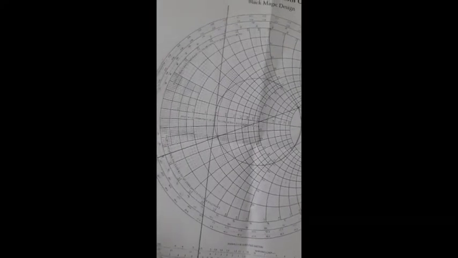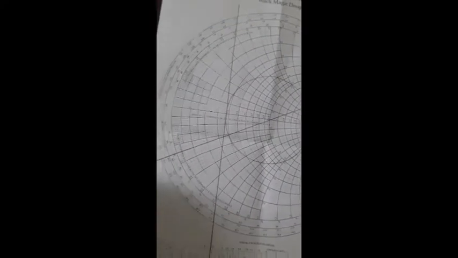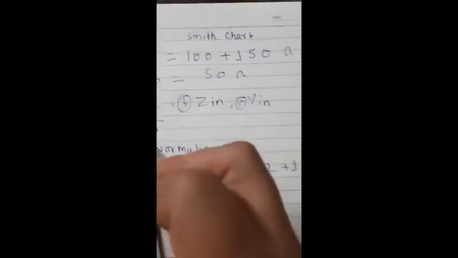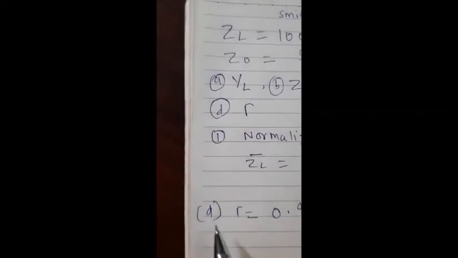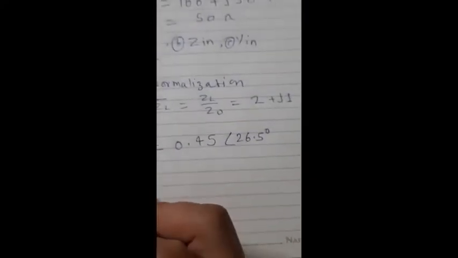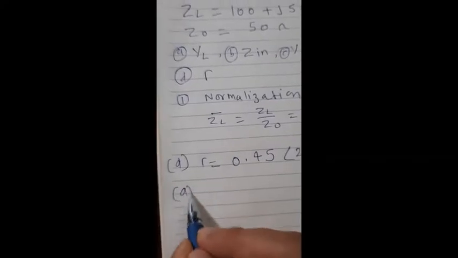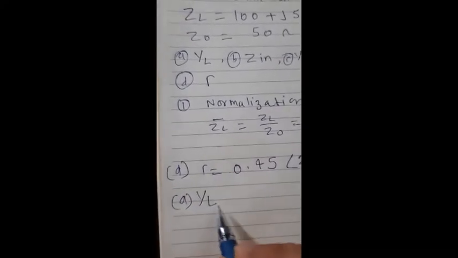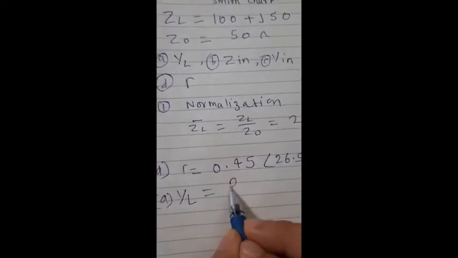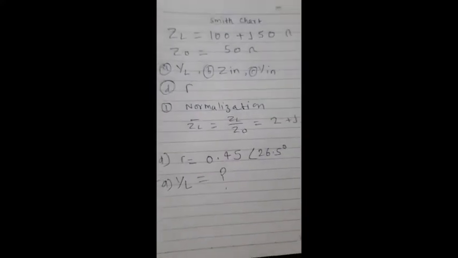Now this is A, B, C and D. So we have found out part D first. Next is to find A, YL. Okay.